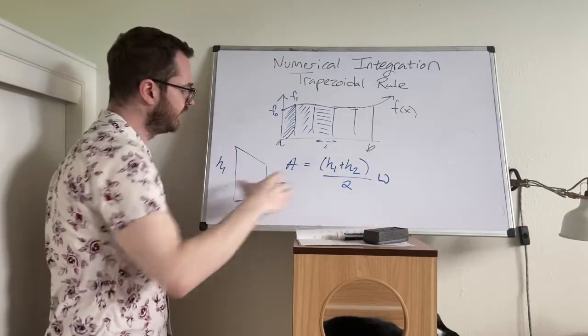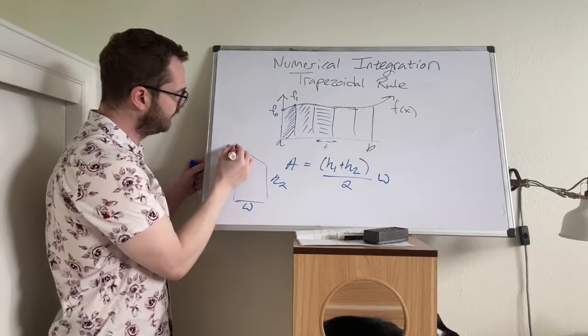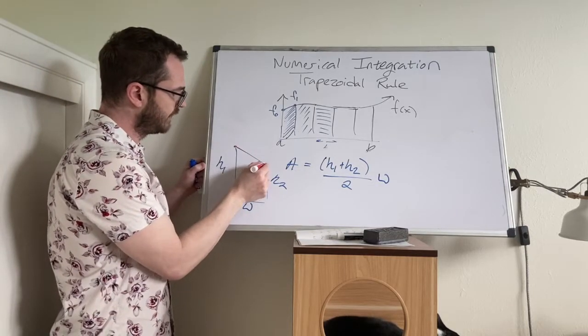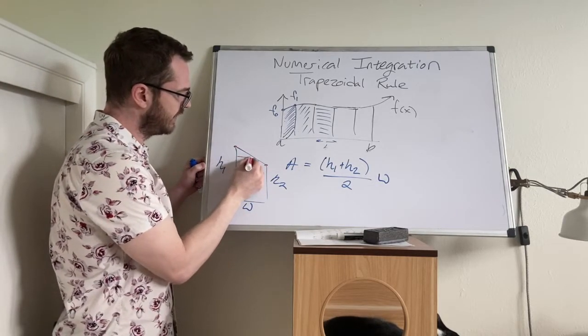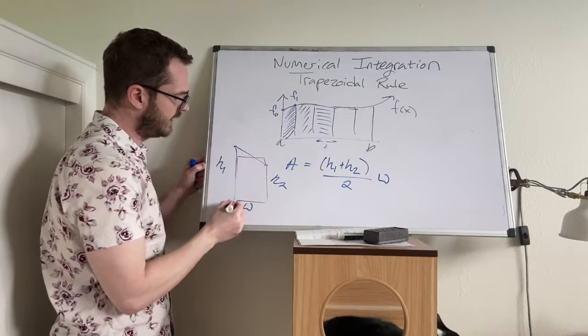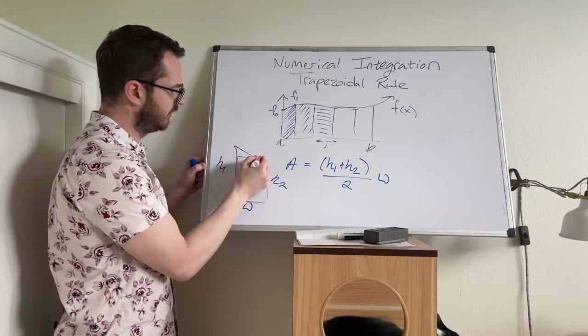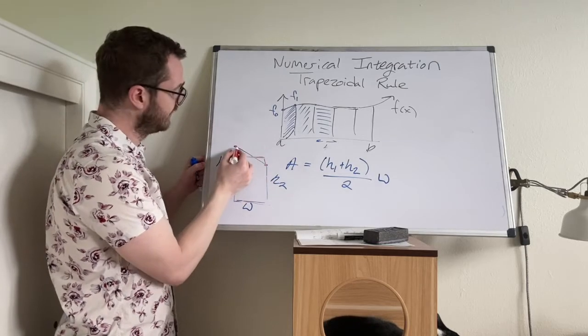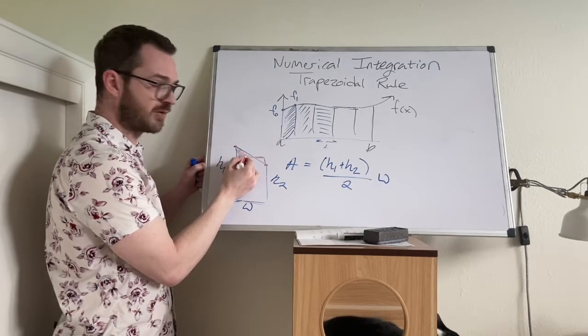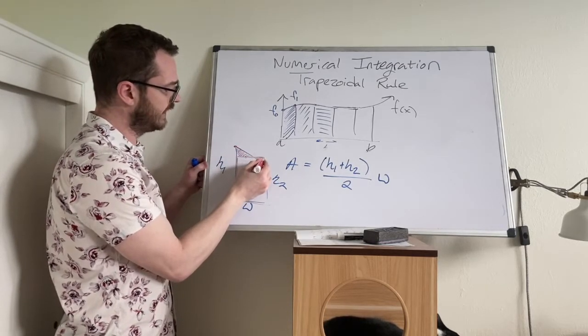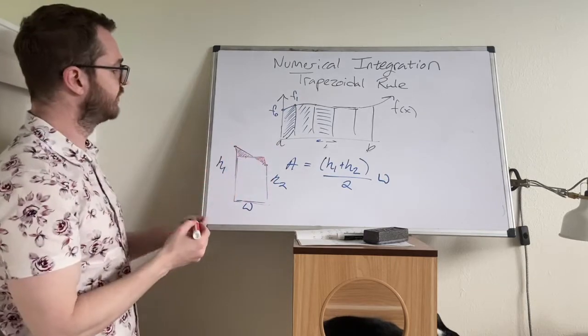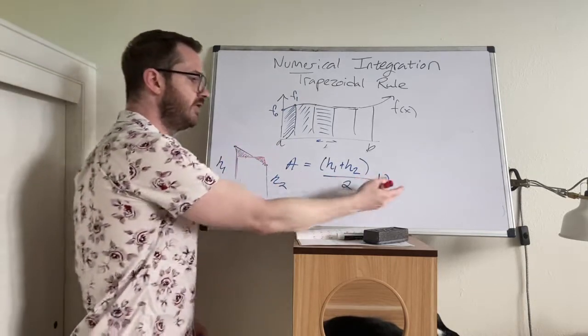So this is equivalent to taking these two points, averaging them, and then flattening the trapezoid. It's not a great drawing, but what you're really doing is taking this upper portion and fitting it into this lower portion. And then you just multiply by the width.